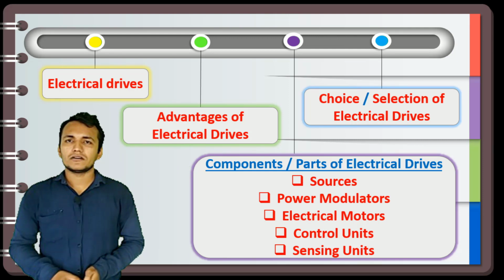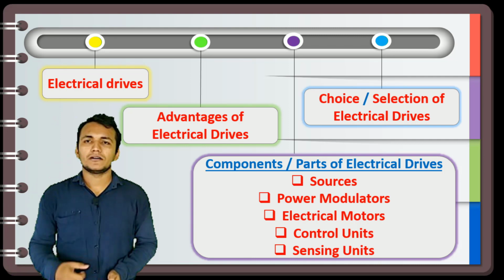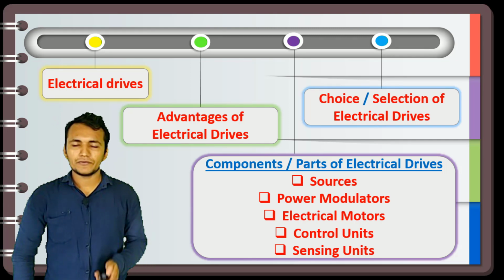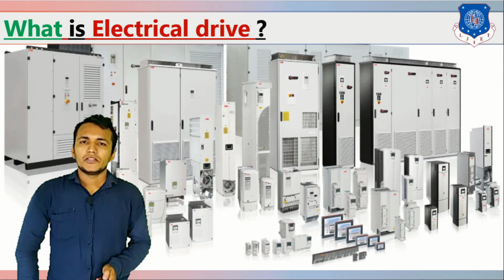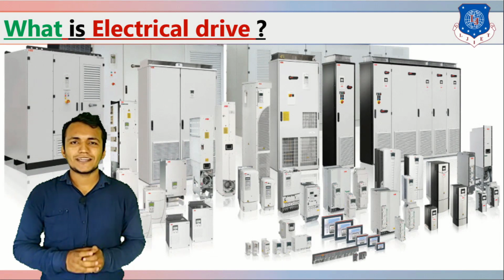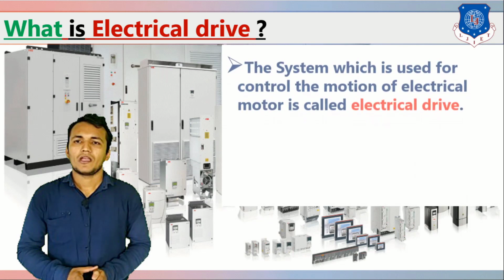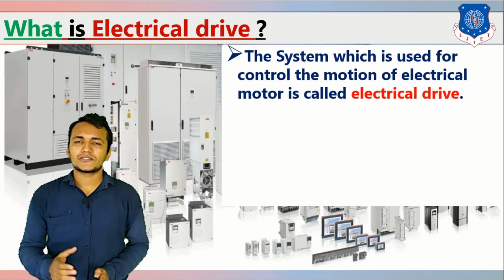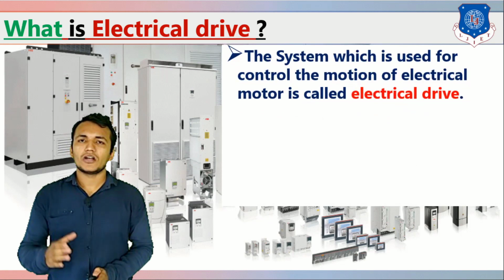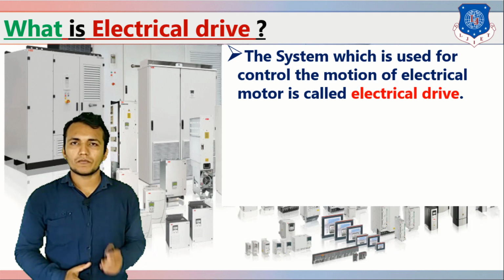So let us start this chapter with the basic concept of electrical drives. Now the question is, what is an electrical drive? The answer is, an electrical drive is a system which is used to control the motion of an electric motor.